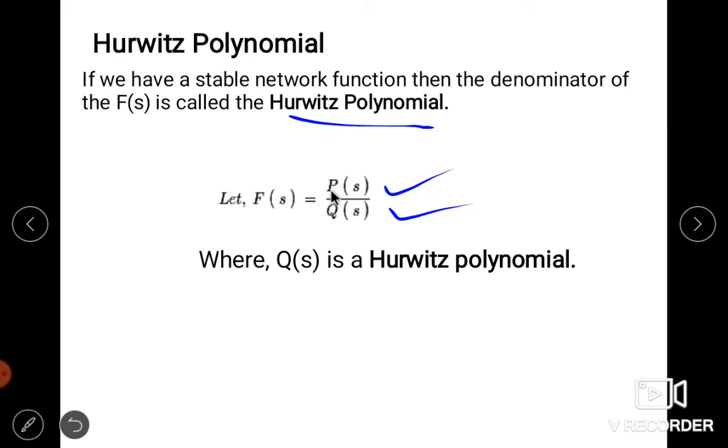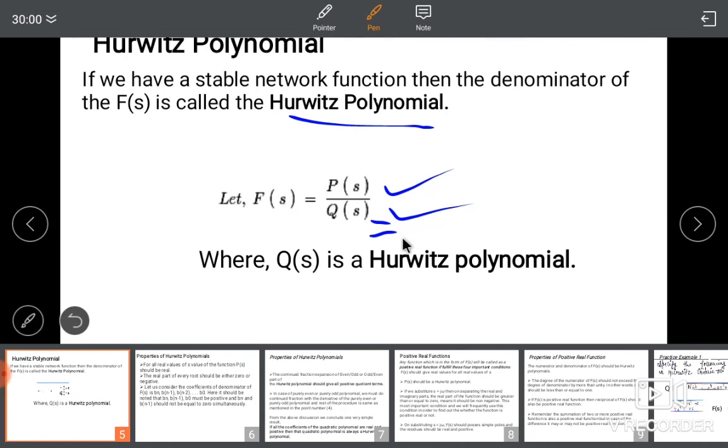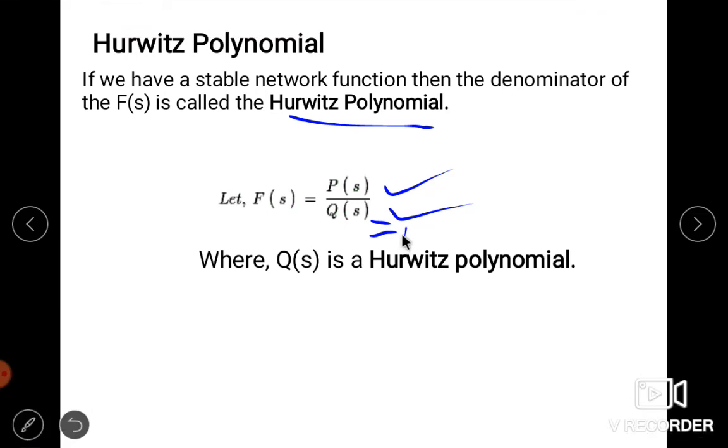In this slide I have said the coefficients of the polynomial must be real and positive. The degree of the numerator should not exceed the denominator by more than 1. So these are some conditions for satisfying the Hurwitz polynomials, and some properties.